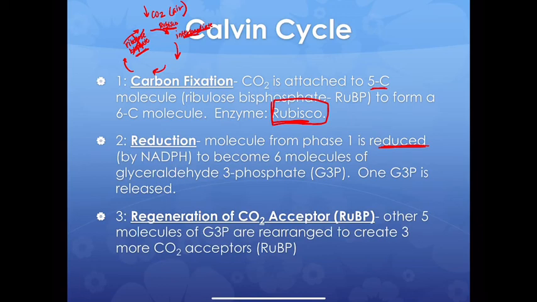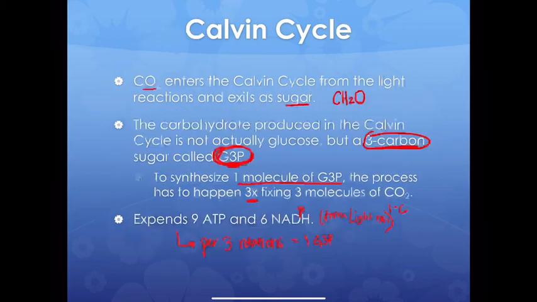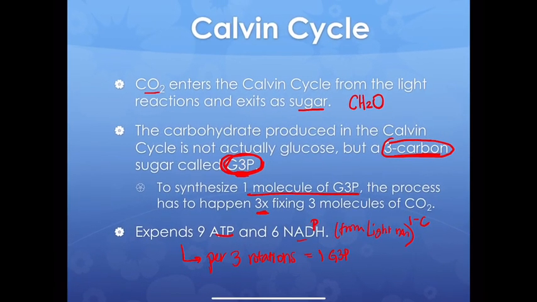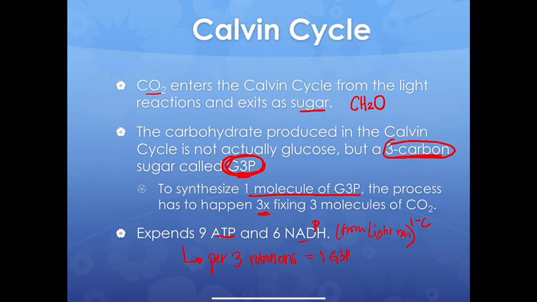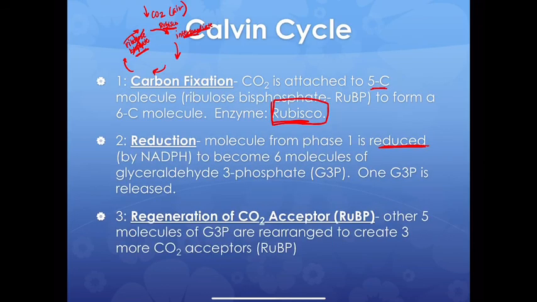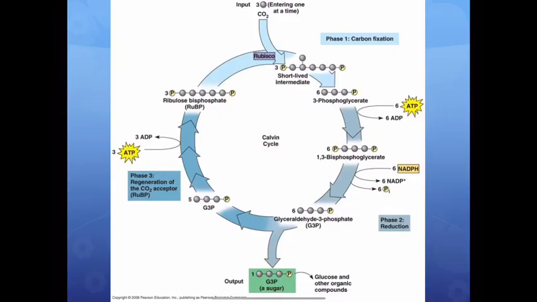Okay, just the same way as we did in the Krebs cycle in cellular respiration. We had that oxaloacetate, we were bringing in acetyl-CoA, and we were in the process releasing ATP and NADH. Here we're releasing ATP and NADPH, and in respiration we also had FADH2 too. But we're trying to regenerate this guy so that we can accept more CO2, so that we can keep this process going, okay?